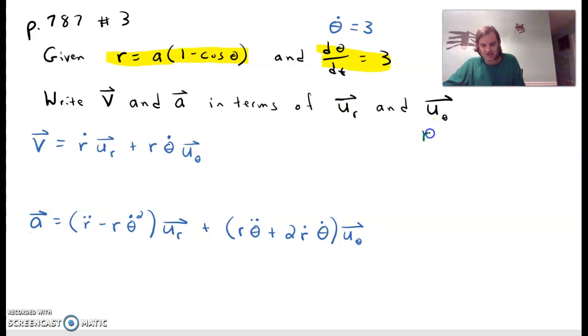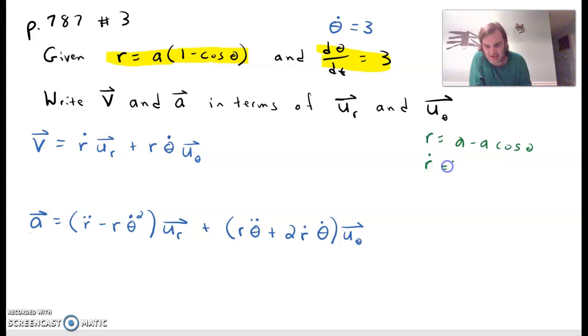So we want r prime, the derivative of r, because that's in the first formula. So if we think of r, let me rewrite it. The r was a minus a cosine theta. So r prime is, a is a constant, so it goes to 0.